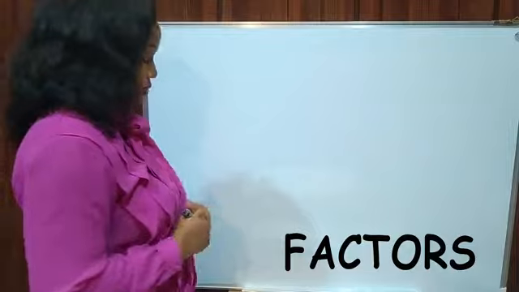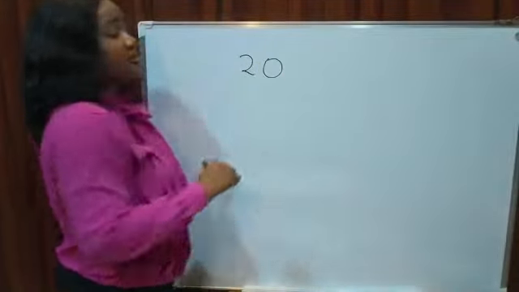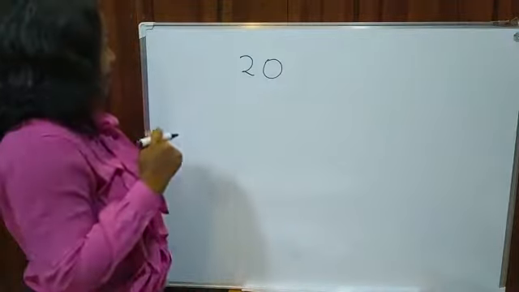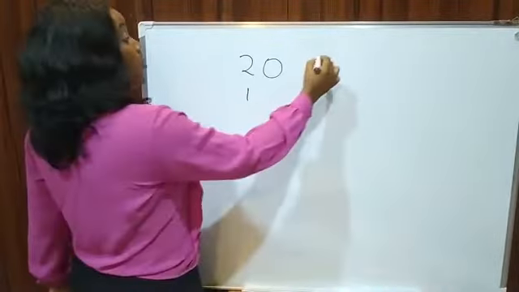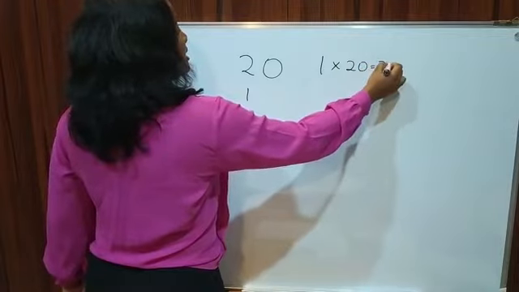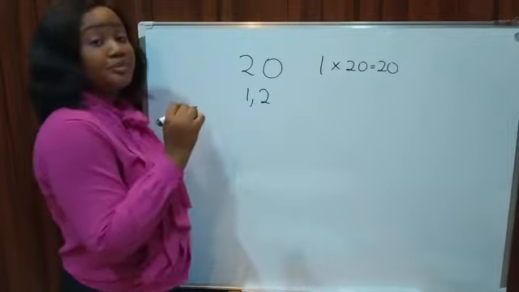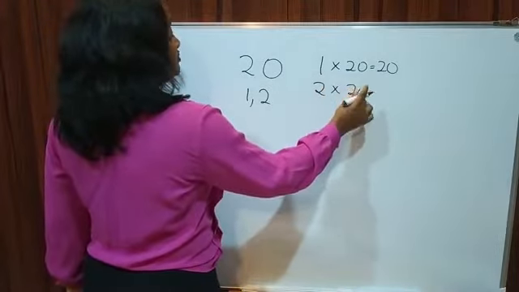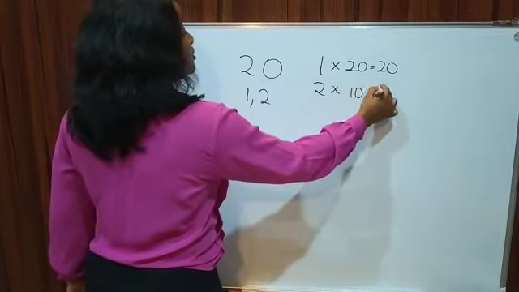Let's take, for example, we have 20. What are the factors of 20? I like to start with 1. 1 is a factor because 1 times 20 gives us 20. Okay? 2 is a factor because 2 times 10 equals 20.